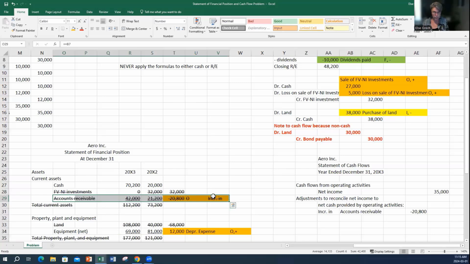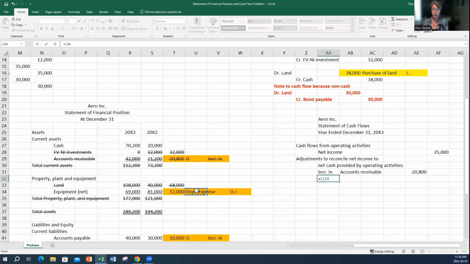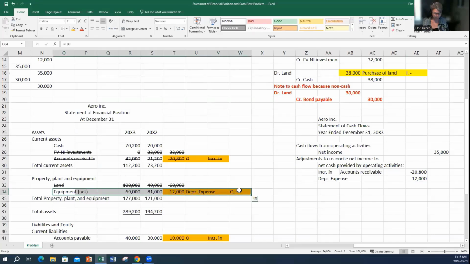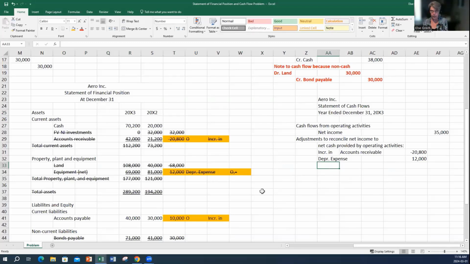I'm going to do a strike through to get rid of it. Now, I also have depreciation expense operating plus. So I'm going to do 12,000 there, and I can get rid of all of this. I've got an increase in accounts payable, and that's going to be the 10,000. So strike through this.